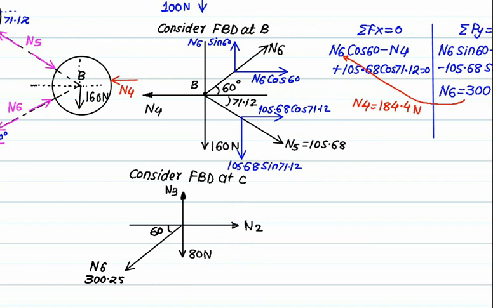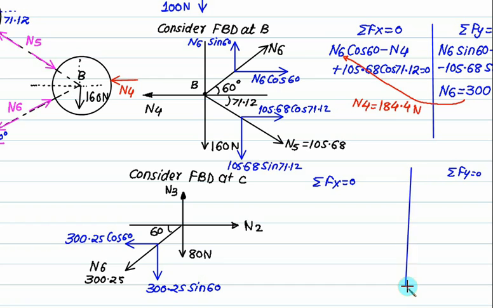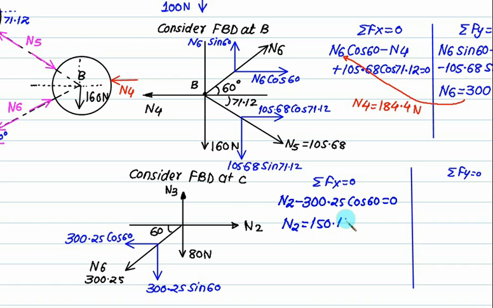This time again we have four forces, so we'll resolve the system like this. Divide your page into two parts: one is sigma Fx = 0 and one is sigma Fy = 0. Make entries along the x-axis. N2 is a positive force, 300.25 is a negative force, so this value is around 150.125, that's correct.